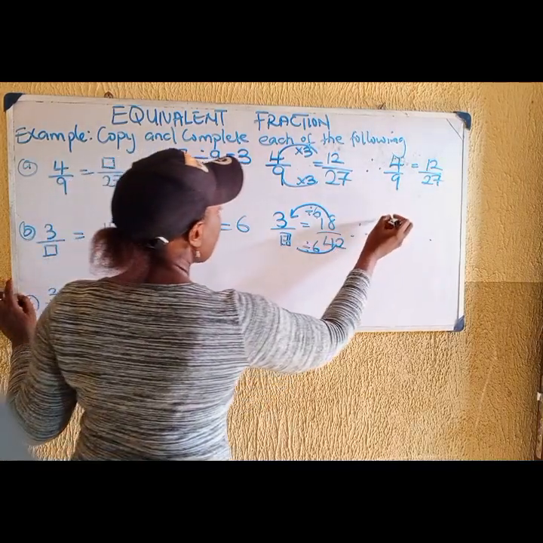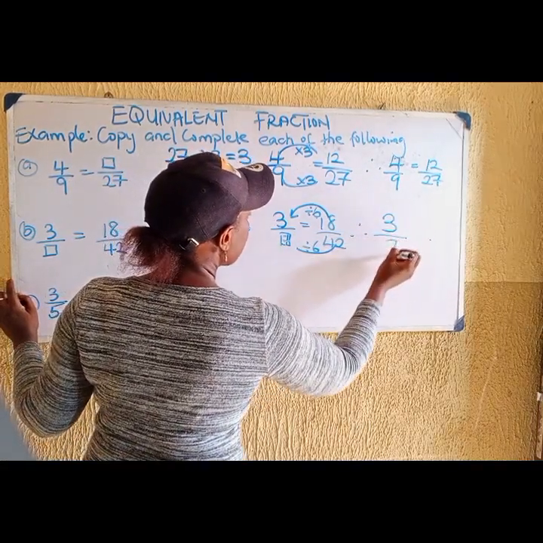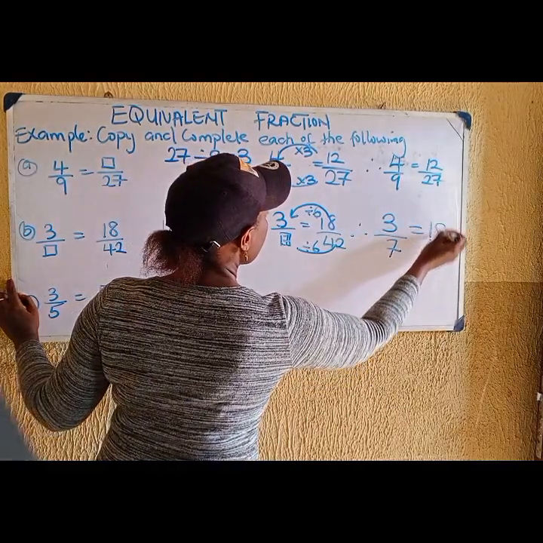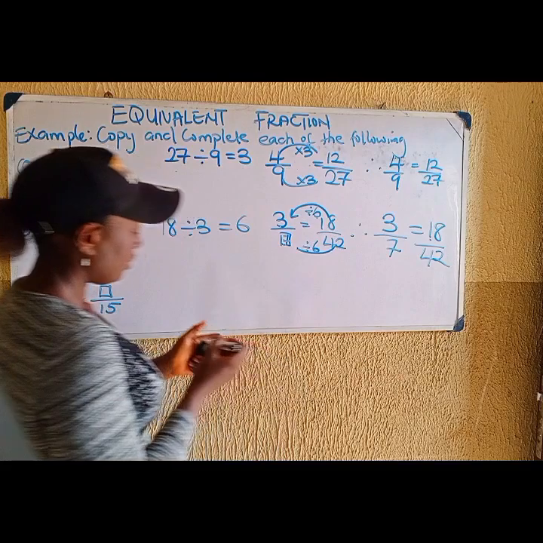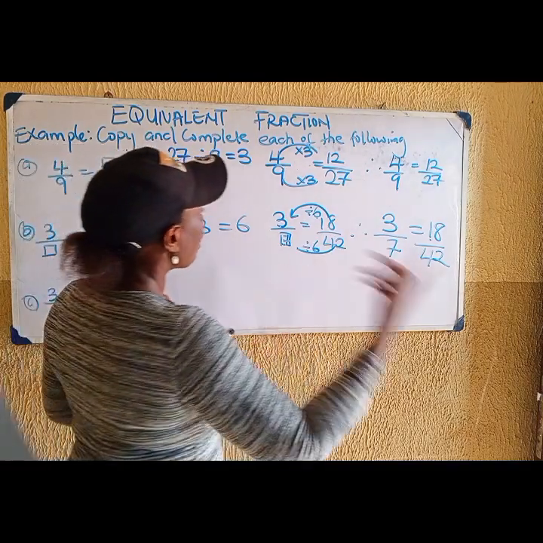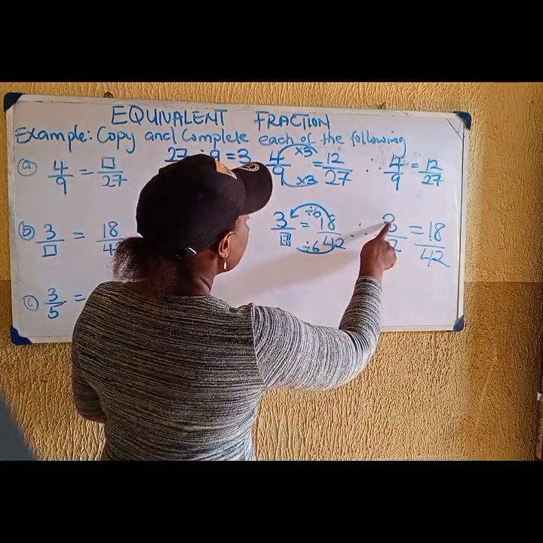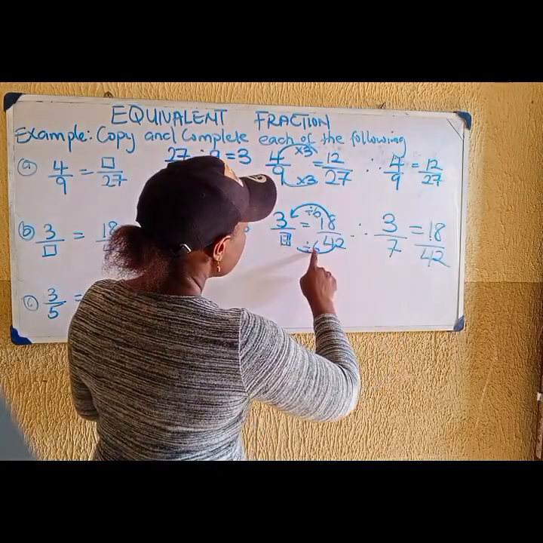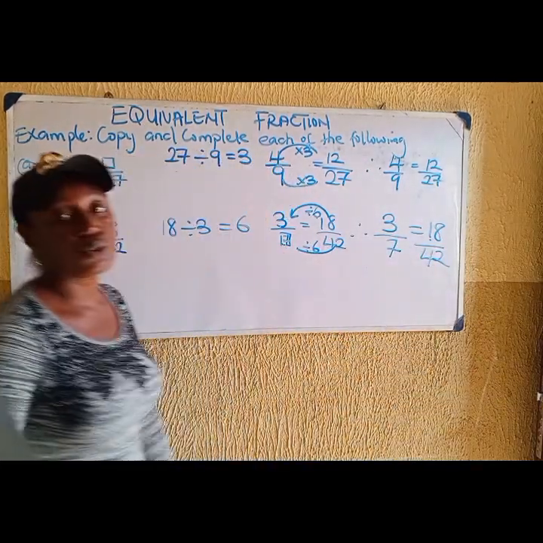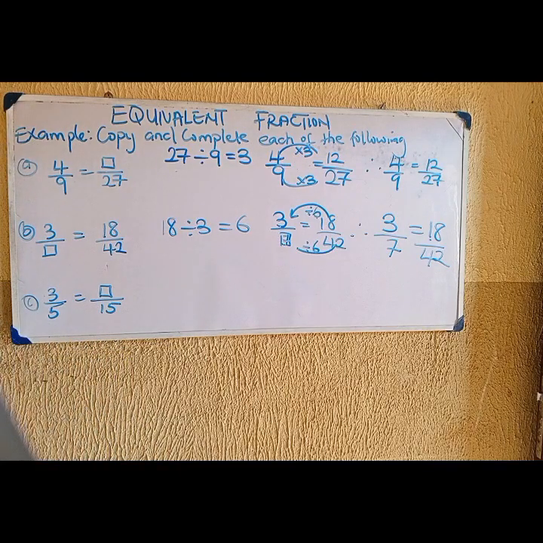So finally we have 3 over 7, which is equal to 18 over 42. If you want to check, you can also multiply 3 by 6, which will give us 18, and 7 by 6 will give us 42. I hope it's clear.